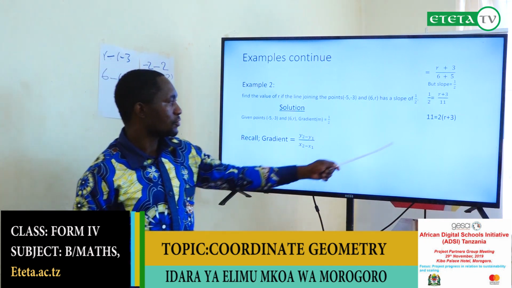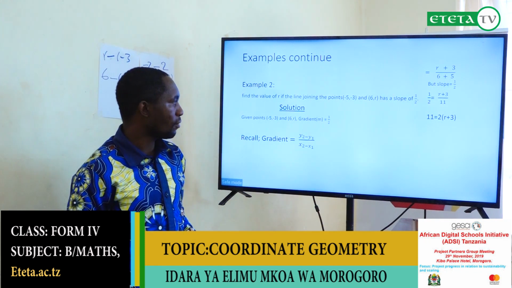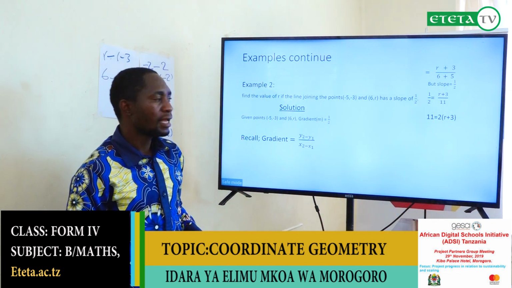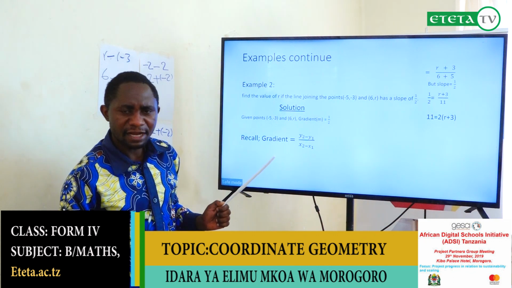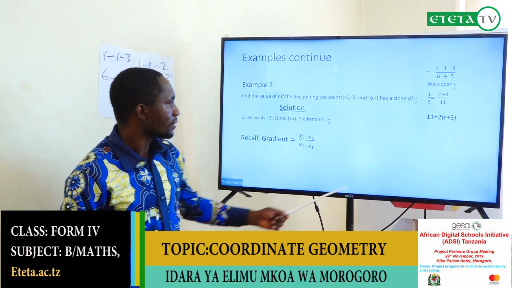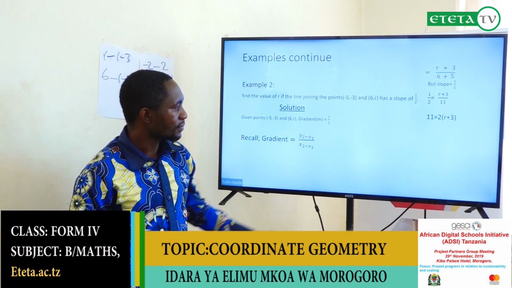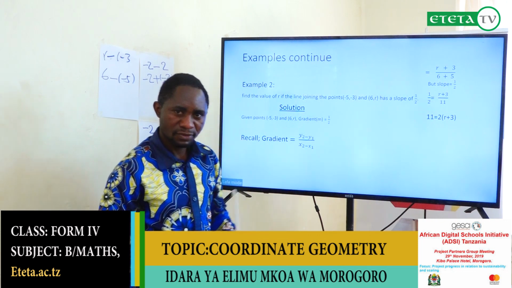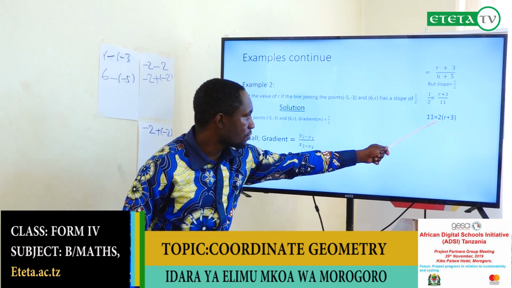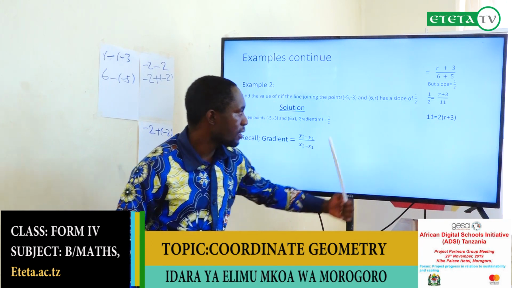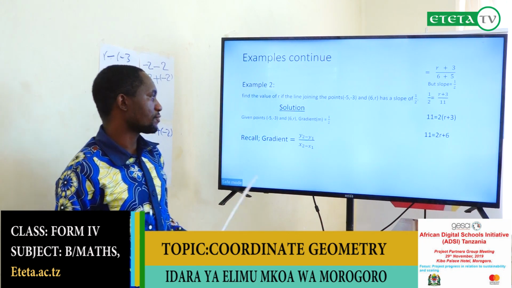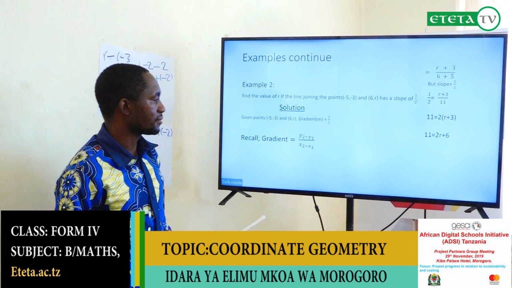Because 2 is outside the bracket, we have to multiply by each value found inside the bracket. So 2 times r, we get 2r. Then positive 2 times positive 3, we get positive 6. That's 11 equals 2r plus 6.